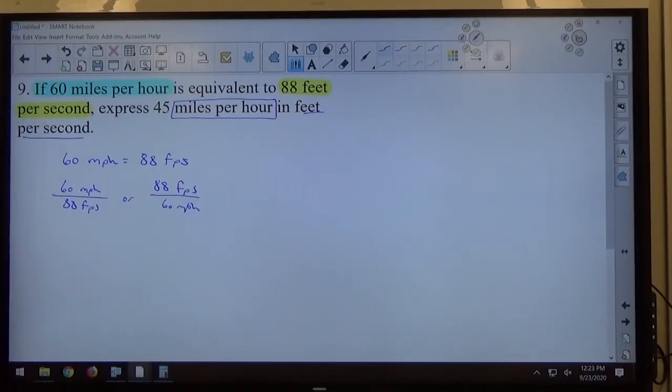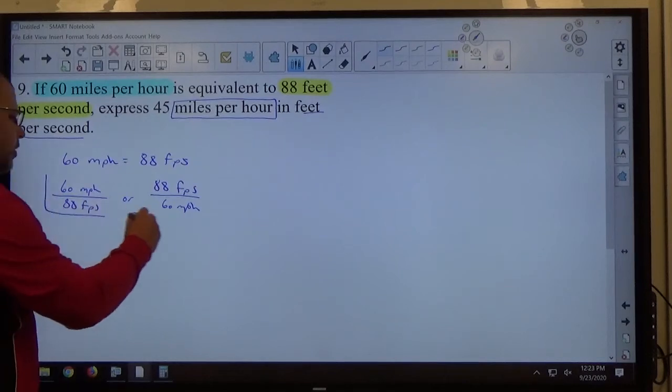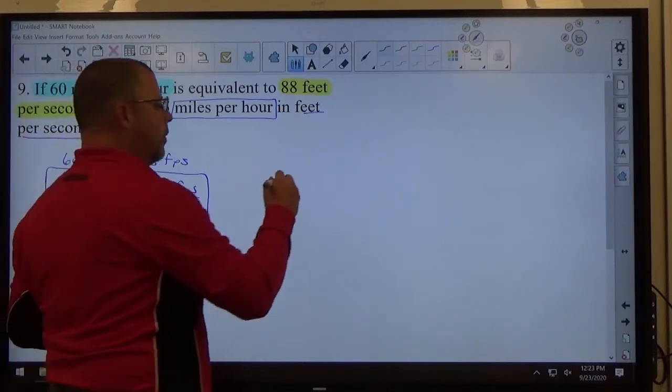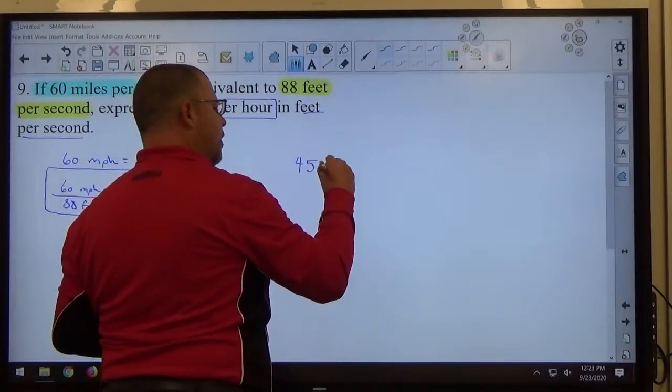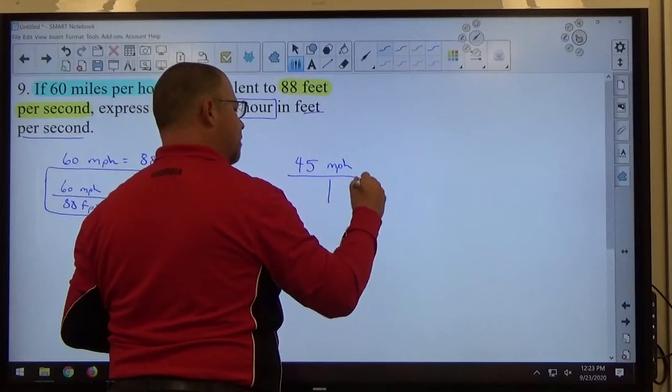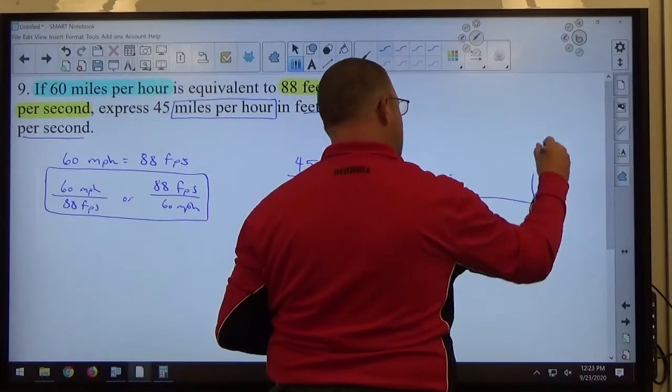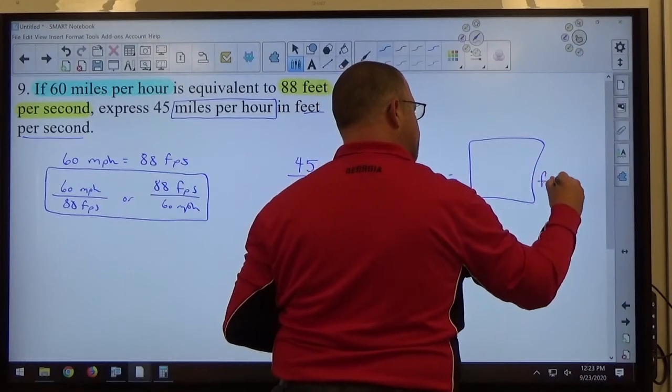One of those two fractions is equivalent to 1, and one of those two fractions will be what I need to convert from where I'm at to where I want to be. So I'm going to put these on the back burner until I write out my structure, and then I'll determine which one's useful. So 45 miles per hour is where I'm currently at. So 45 miles per hour times something is going to equal the correct number of feet per second.